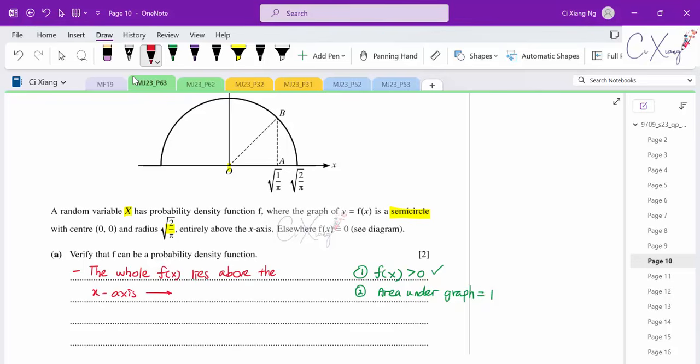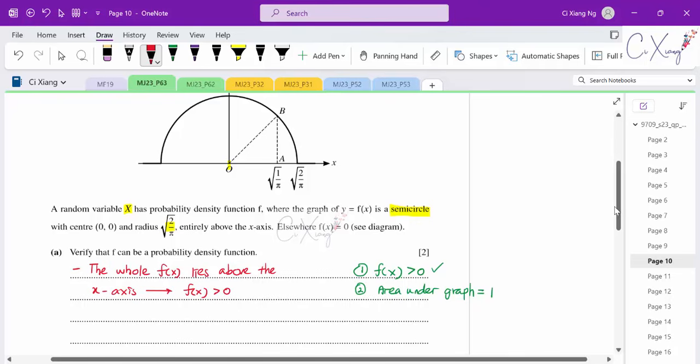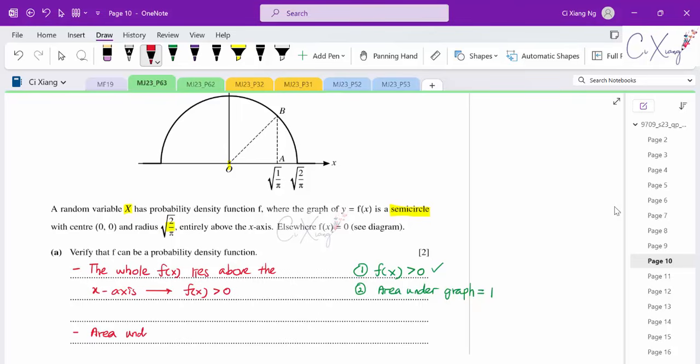This also concludes that our function f(x) is greater than 0 for the domain that it is defined. So this is the first property. The second property is that we are going to prove the area under the graph equals 1. For this second one, I'm interested in finding the area under the graph. So how do we calculate the area under the graph?